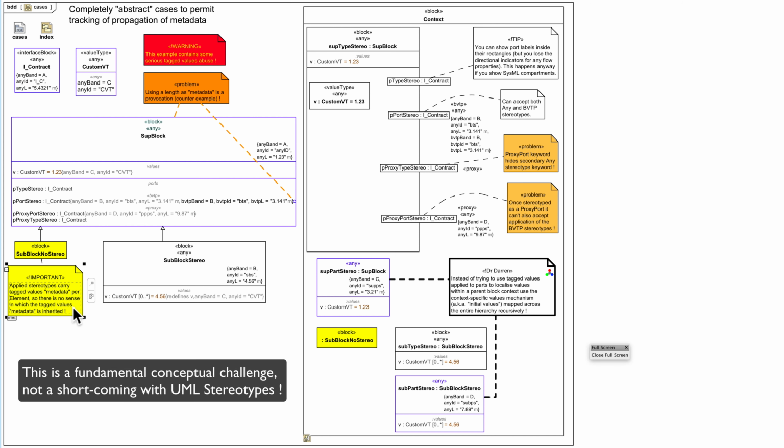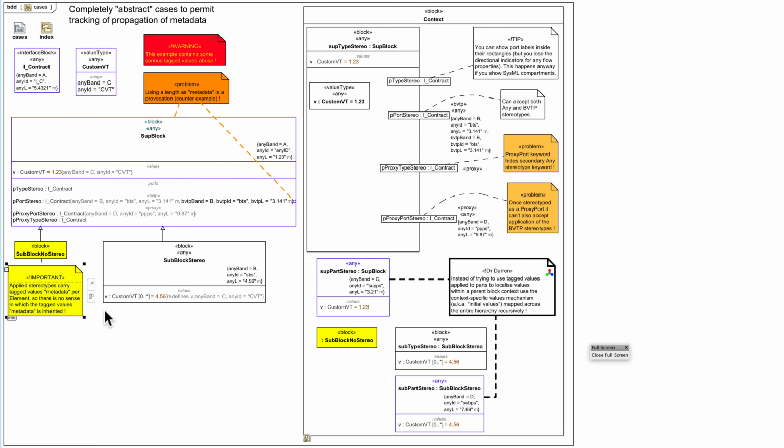There are good reasons for that. People sometimes complain that this is so, but it is a misunderstanding about the intention of stereotypes and tagged values. And it is a fundamental conceptual challenge. It is not a shortcoming or problem with UML or SysML. All right, let's look at some applications of them.